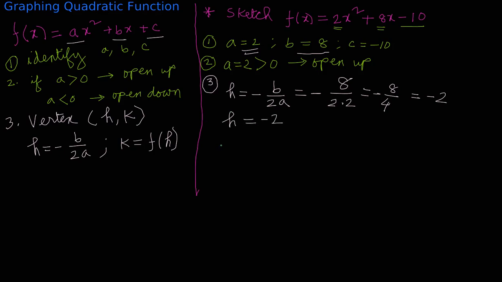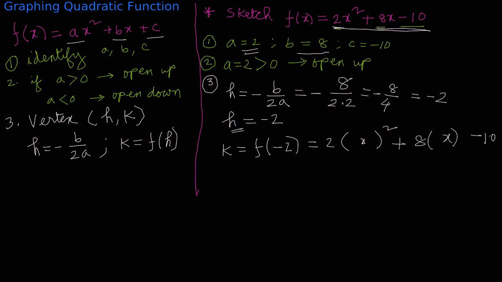Now what is my k? My k is f of h, and h is negative 2. So I need to find f of negative 2. The definition of f(x) is 2x square plus 8x minus 10.